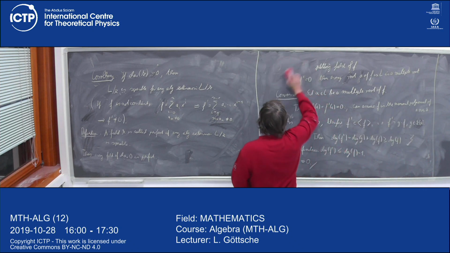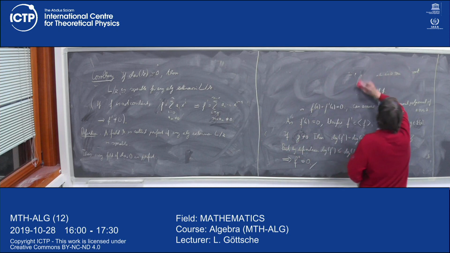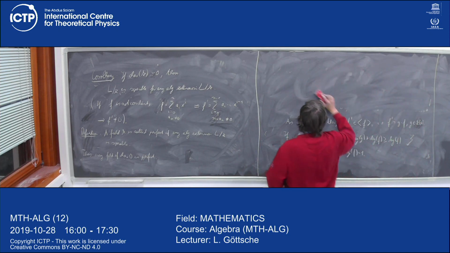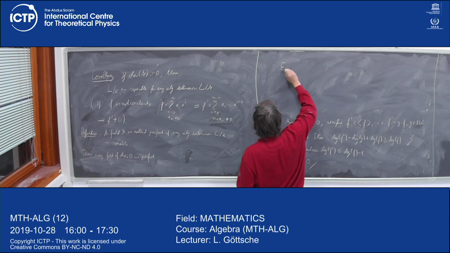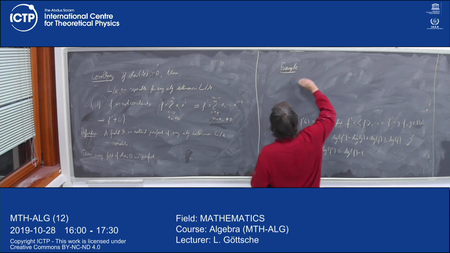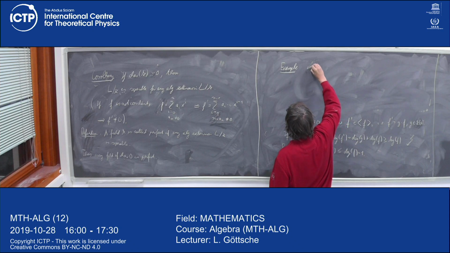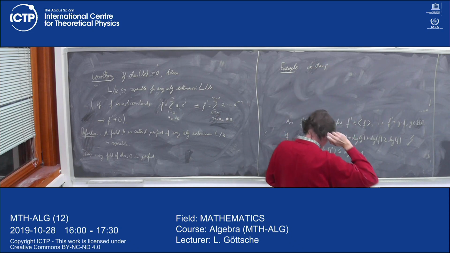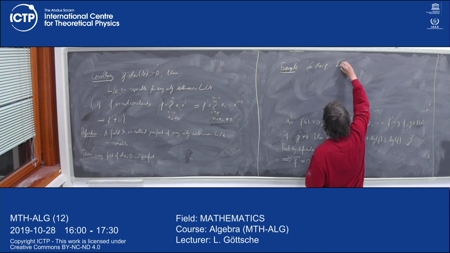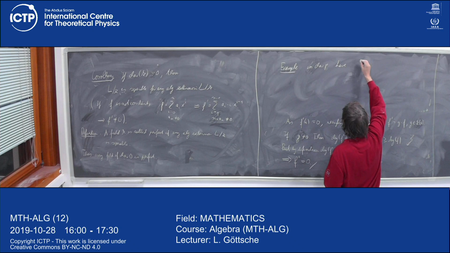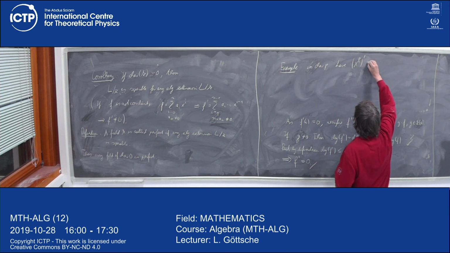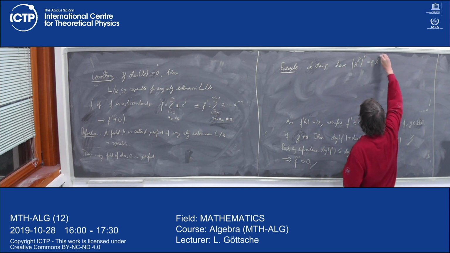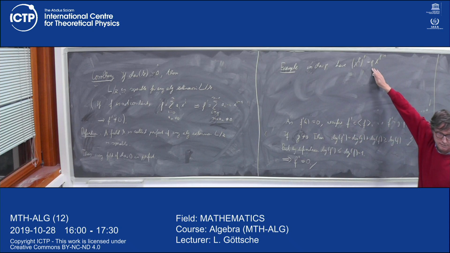Okay, so just as an example, for instance in characteristic p, if we just take x to the p and I take its derivative, this is equal to p times x to the p minus 1, but p is 0.